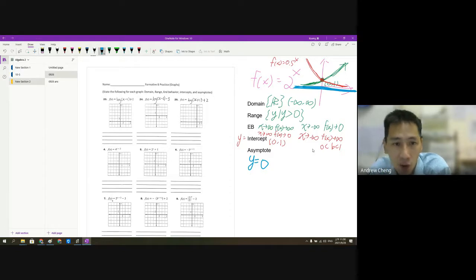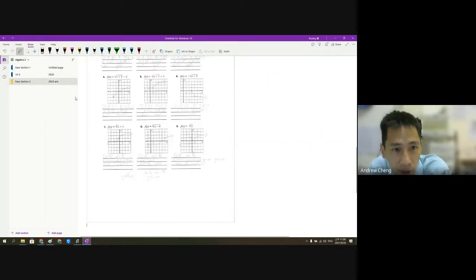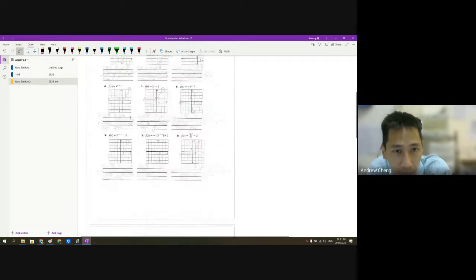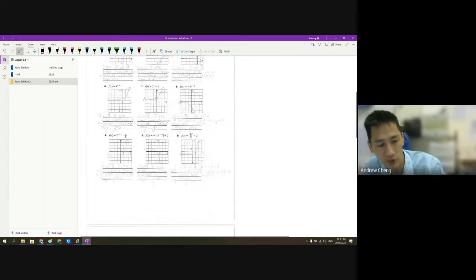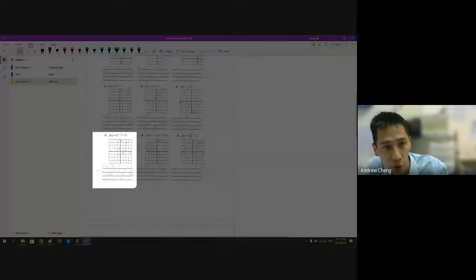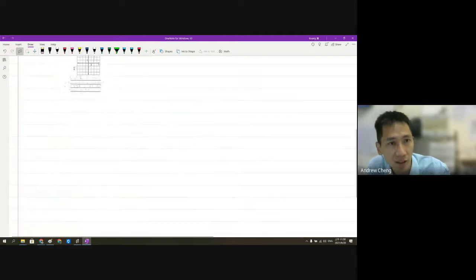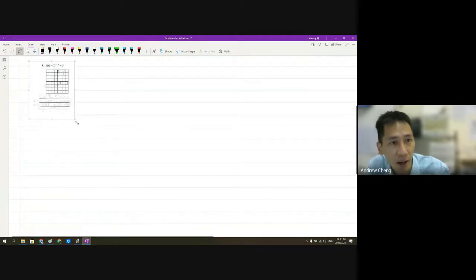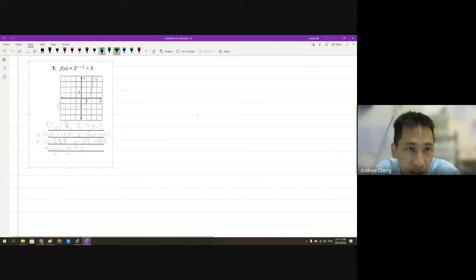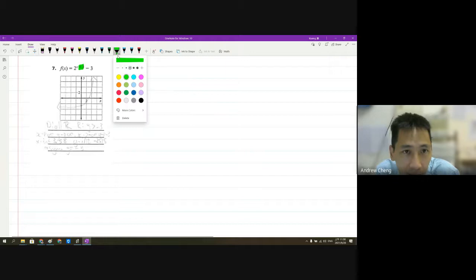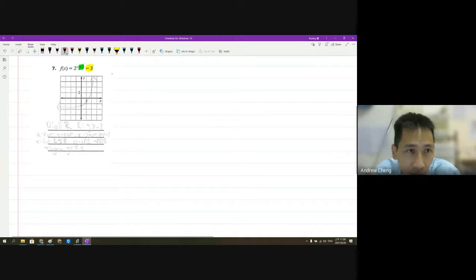Okay, so let's see an example, question number 7. You can see there's a -2 in the exponent, which means shift to the right 2 units, and the -3 means shift down 3 units.